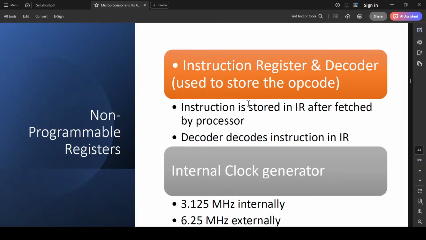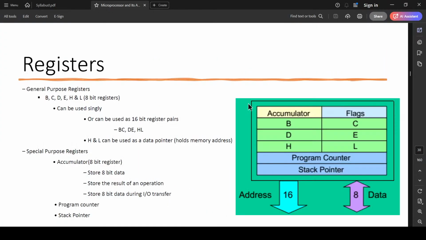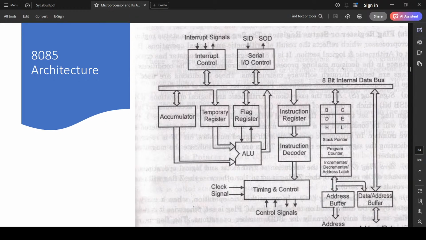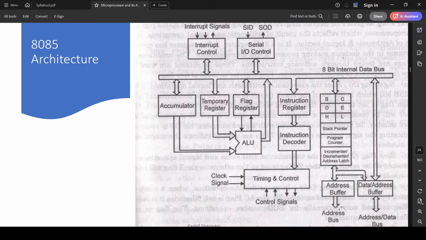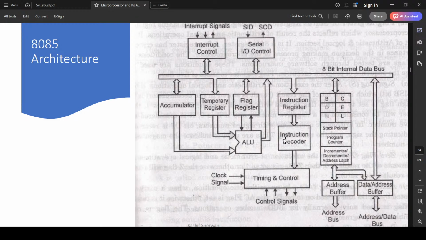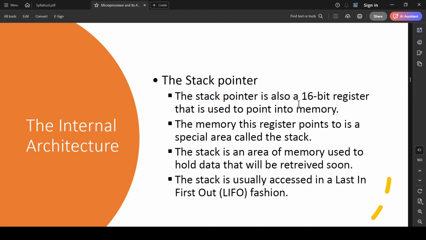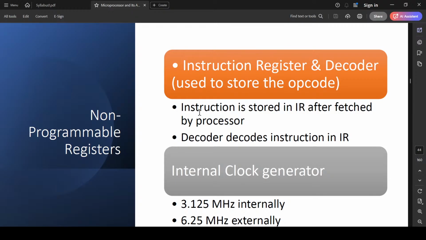Now, instruction register and decoder. This is not from this diagram. This was from this architecture. We have studied all this. Now it's talking about this one. Instruction decoder, instruction register. These registers are non-programmable.